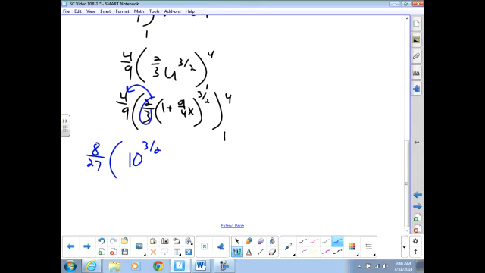And when we plug in 1, we'll have 9/4 plus 1. Well, 1 is 4/4, so that'll give us 13/4 to the 3/2. Now, this is an exact, oops, this should be a minus, sorry. This is an exact answer.